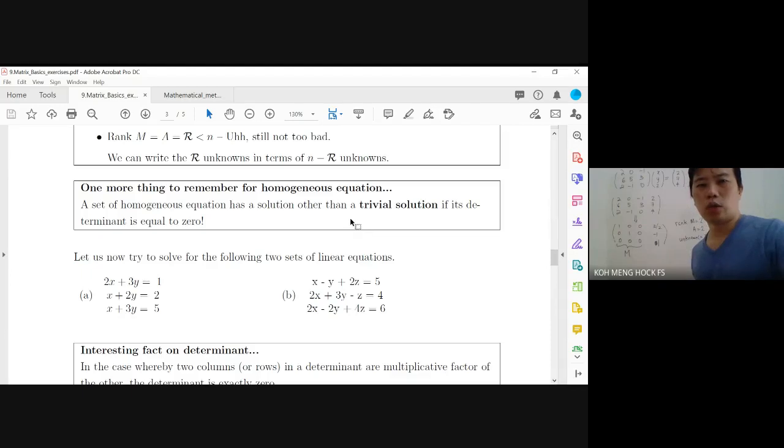You will only have such a solution if your determinant equals 0. This is important to know: if you have a homogeneous equation, you must first check that the determinant equals 0, and only then will you be able to have a solution.